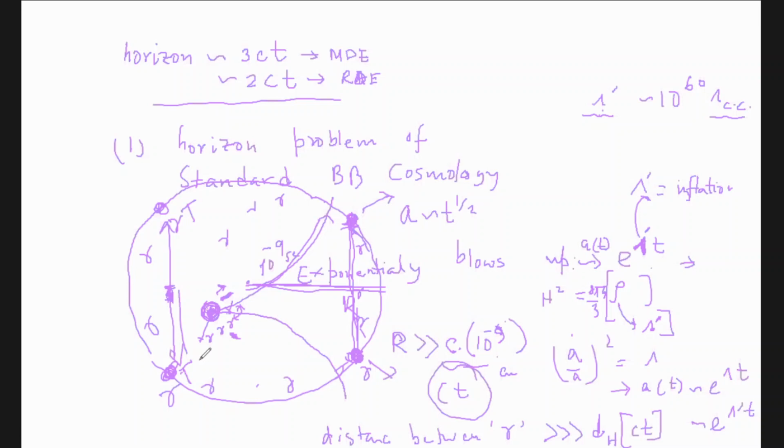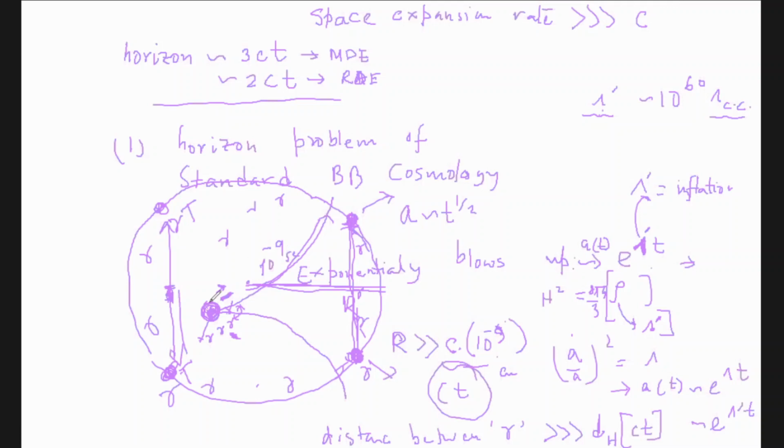Yes, sir. So that's why you need this initial exponential blow up of space. The basic idea to solve this problem is that the space expansion rate or velocity has to be much greater than the velocity of light.